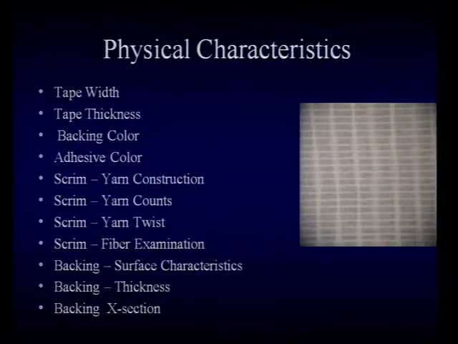And then once you start going at the physical characteristics, sometimes it's nice just to look at everything that you're doing. Yarn construction, yarn counts, fiber examination, and each of these are a big topic. I mean, fiber examination is huge. I've made it real small here because you've got to limit what you cover, even in an admissibility hearing.